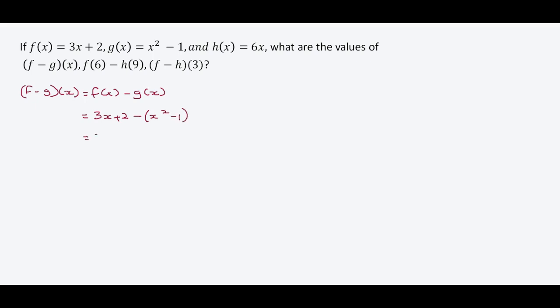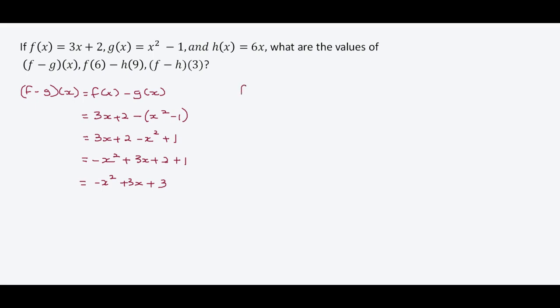So this is going to give us 3x plus 2 minus x squared plus 1. We're going to group common terms together. So we have minus x squared plus 3x plus 2 plus 1. This is going to give us minus x squared plus 3x plus 3.